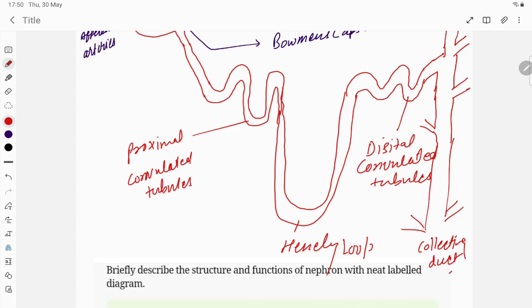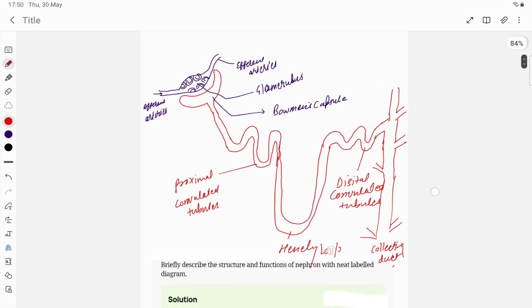There are two main ducts, and it is present in the kidney only. Proximal convoluted tubule is called PCT, and distal convoluted tubule is called DCT. Proximal, because it is close to Bowman's capsule. Distal, because it is away from Bowman's capsule.